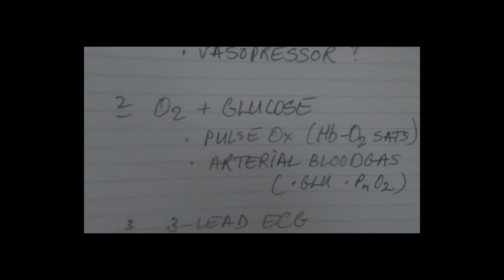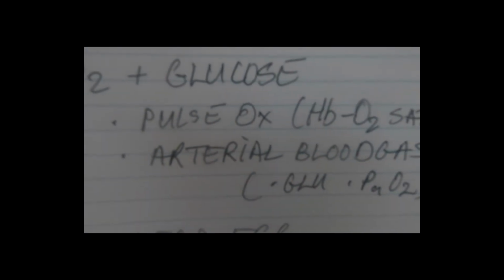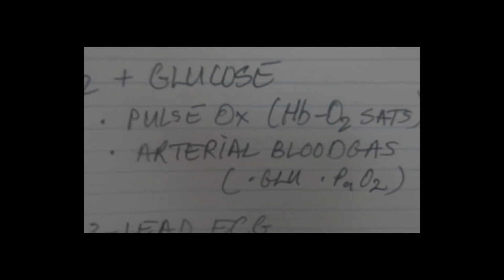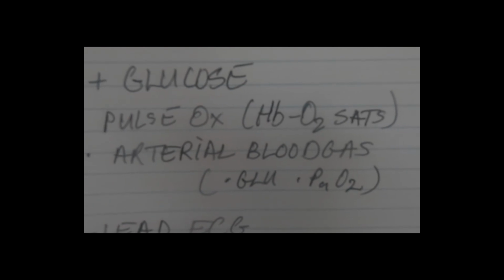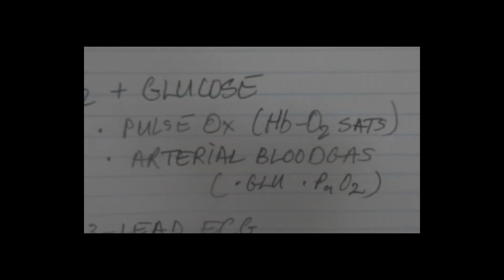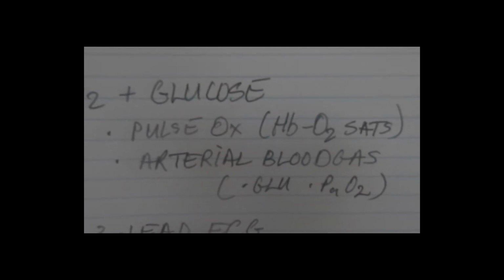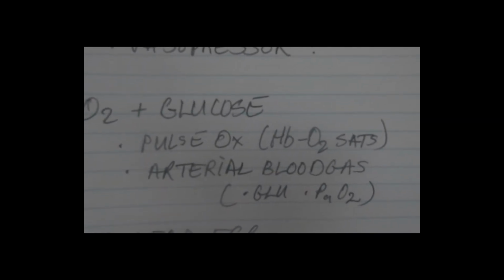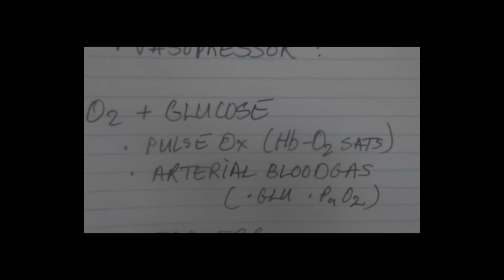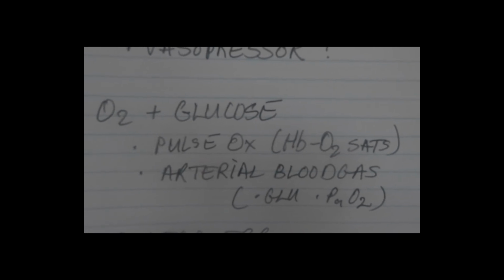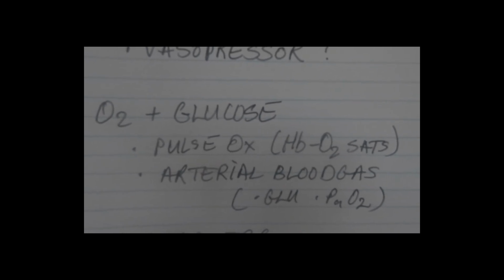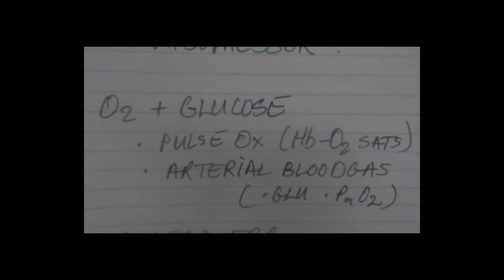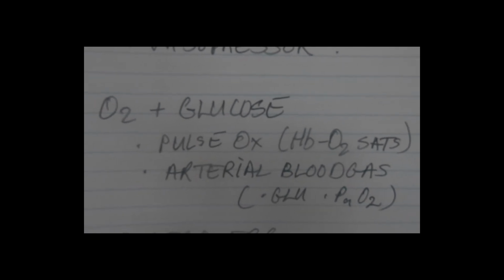So secondly, oxygen and glucose. Well, we have a pulse oximeter on, but that only measures the hemoglobin oxygen saturation. So we know we want the saturations to be 94 or higher, maybe 95 or higher. Intra-operatively, we're giving high fractions of oxygen. The World Health Organization advises up to 80% fractions.